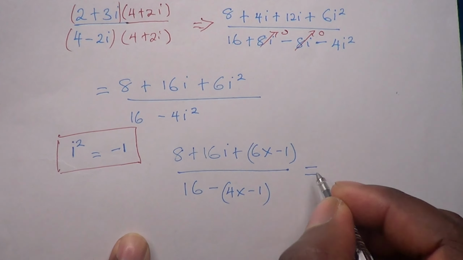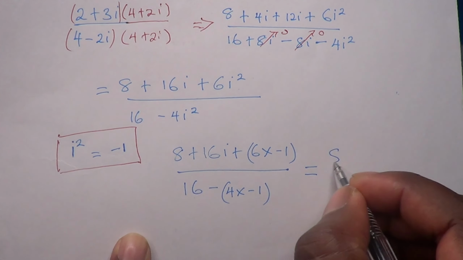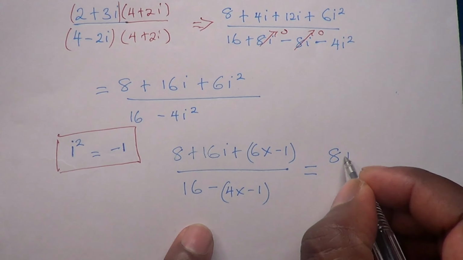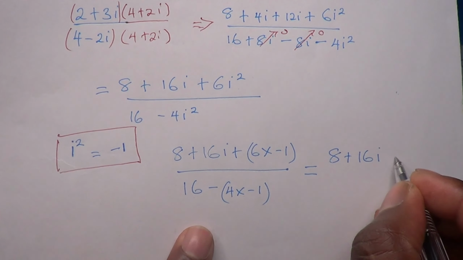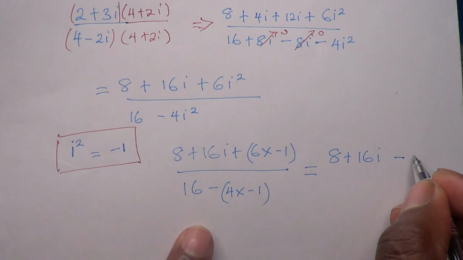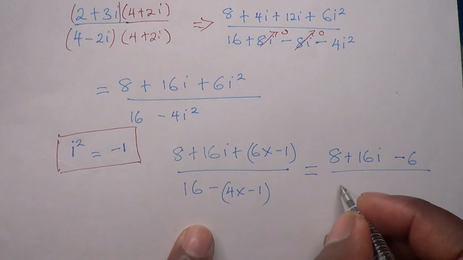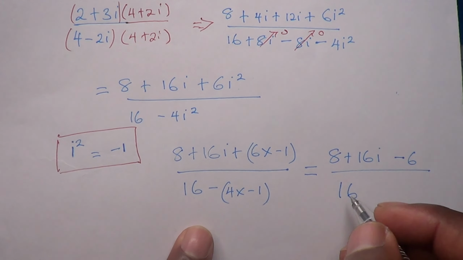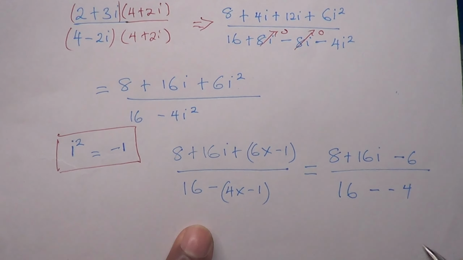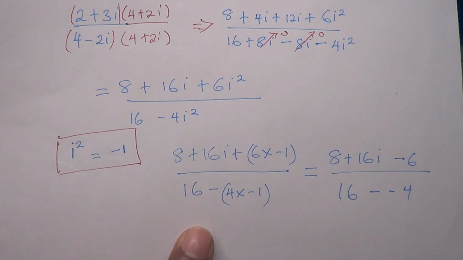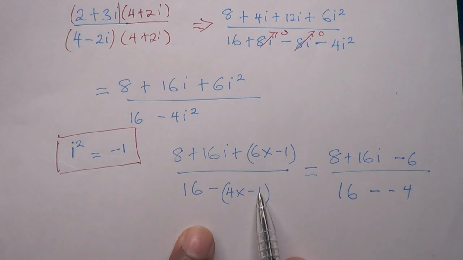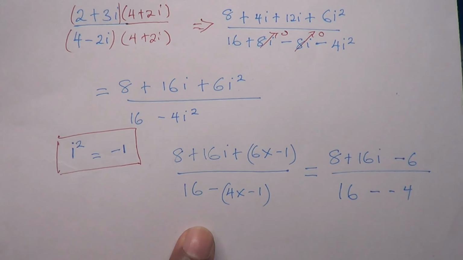So this will be 8 plus 16i minus 6 over 16 minus 4 times negative 1, because 4 times negative 1 we get negative 4. So when we subtract it will be 16 plus 4.